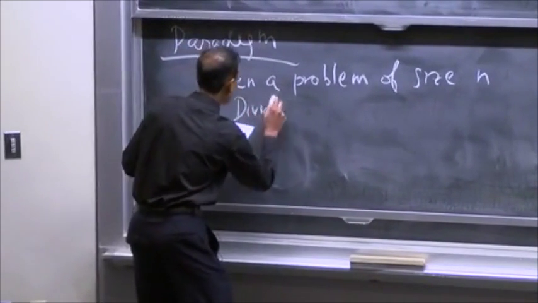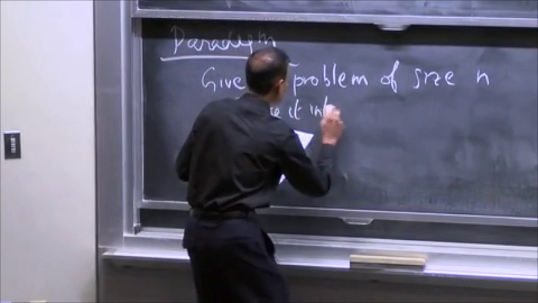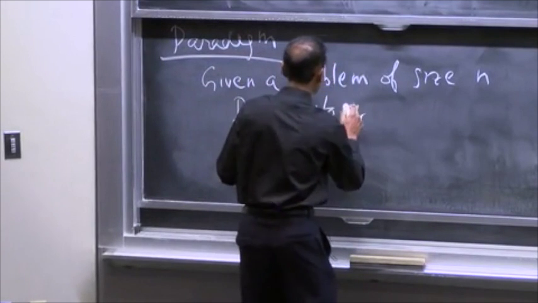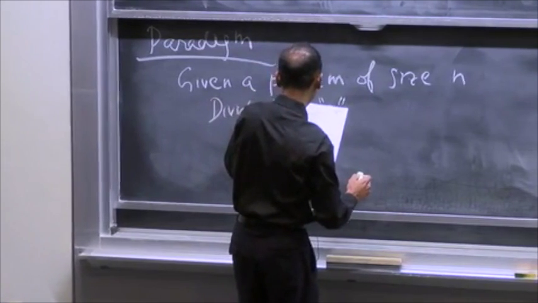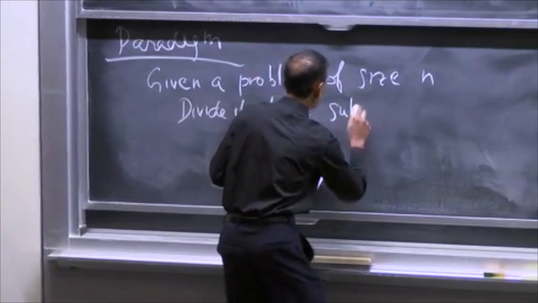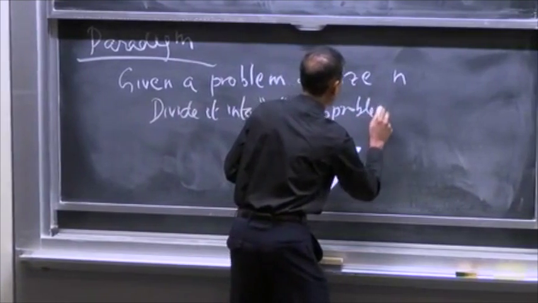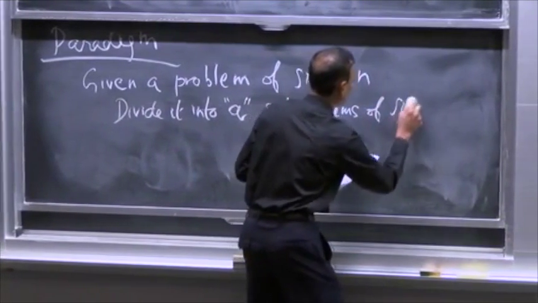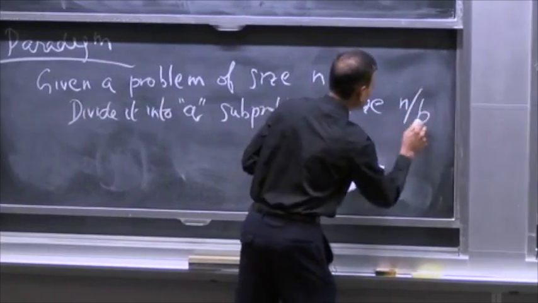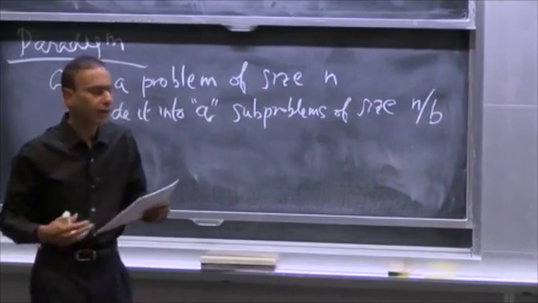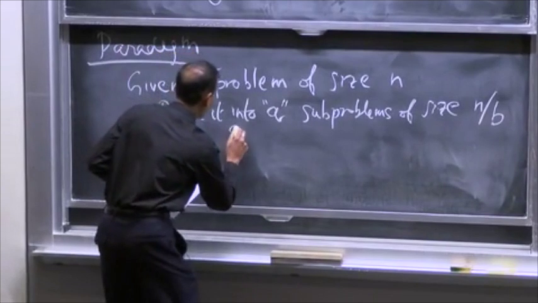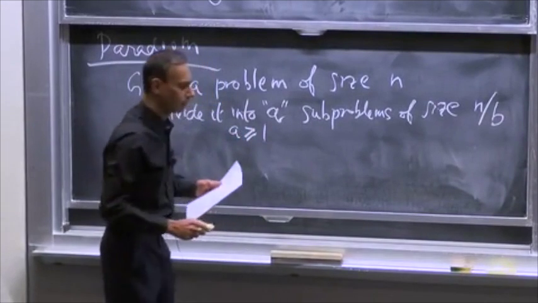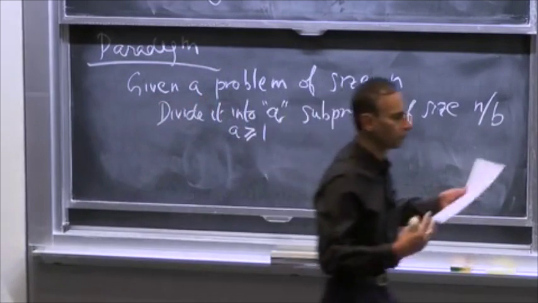We're going to divide it into "A" subproblems of size n over b. And here, A is an integer, and A is going to be greater than or equal to 1. It could be 2, it could be 3, it could be 4.